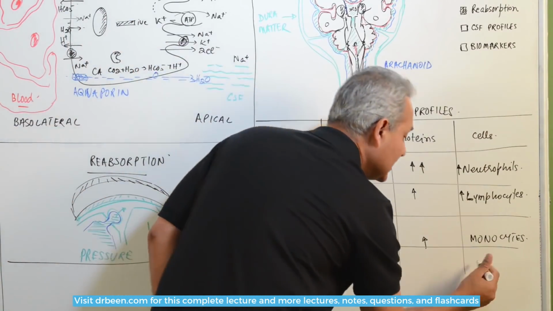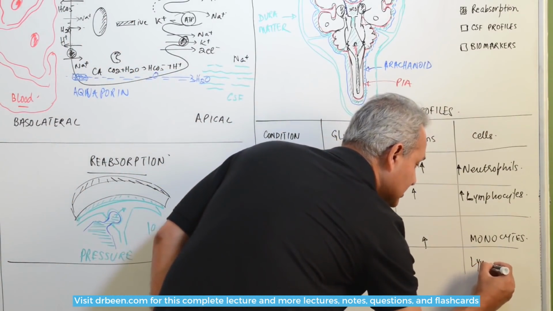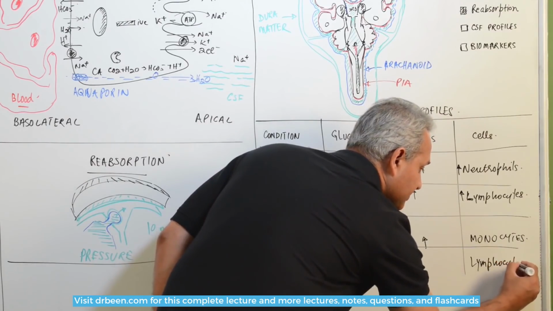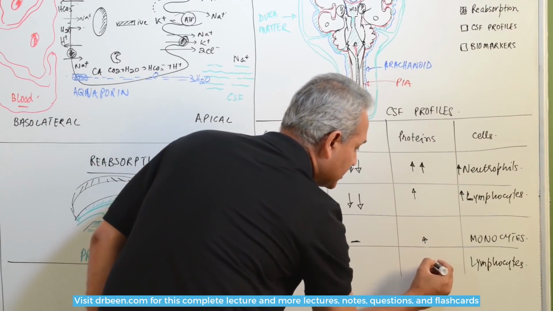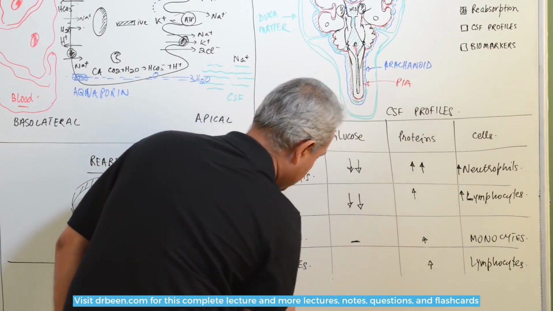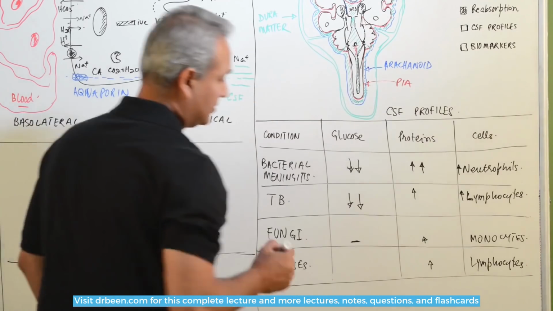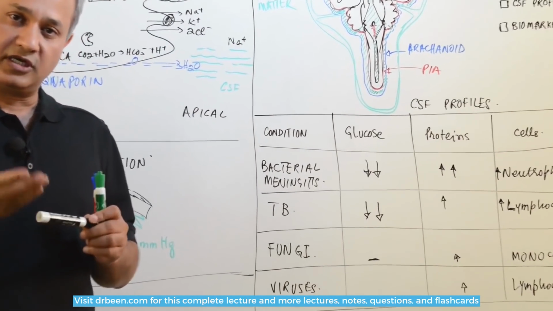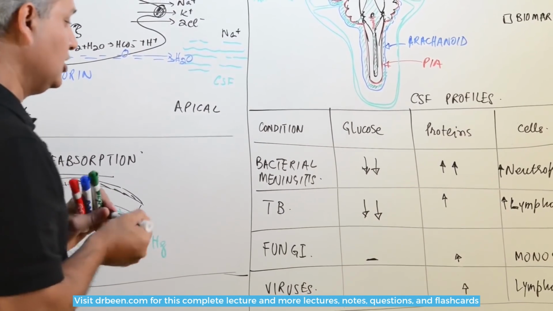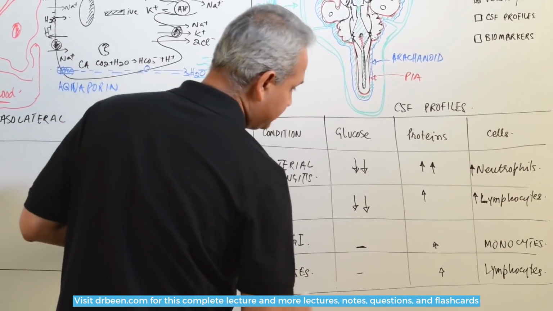However, the cells present will be lymphocytes. So I'll make again a tiny arrow for the protein, meaning normal to moderately high proteins would be present, no change to the glucose.